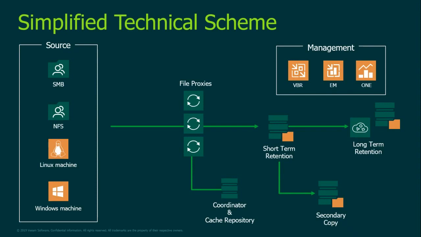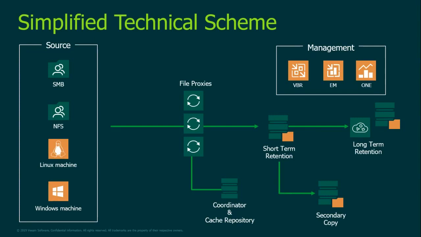So what happens when my first full backup runs? At that time, my file proxy speaks with my source and starts backing up your data. The data goes into the coordinator cache repository, and it creates a tree of my data, which has the information of all the structure and all the files available in the source, as a metadata file.